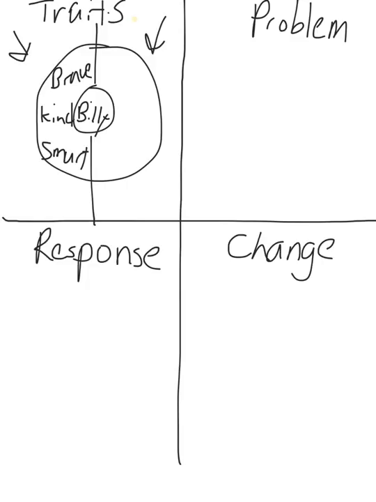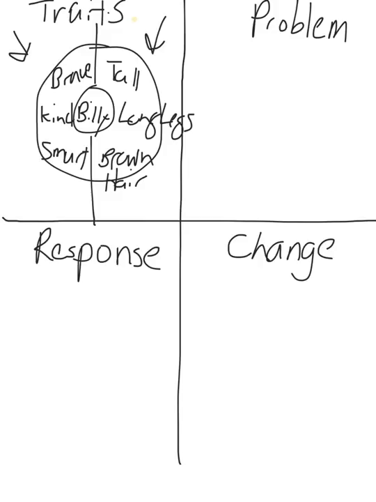He's a brave person, he's a kind person, he's a smart person. Billy is also very tall, so that's what he looks like. He's very tall. He has long legs. And he has brown hair. Okay, so it's 3 things he looks like. So this is Billy. He's brave, he's kind, he's smart, and he's tall, has long legs, and brown hair.